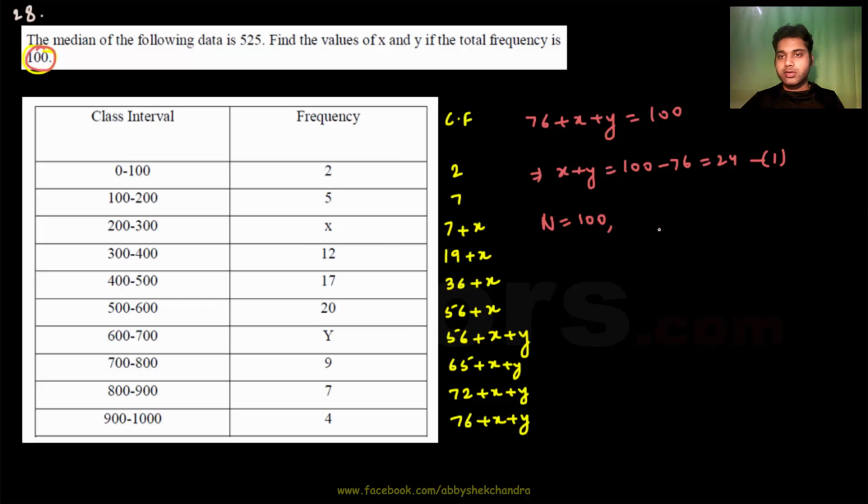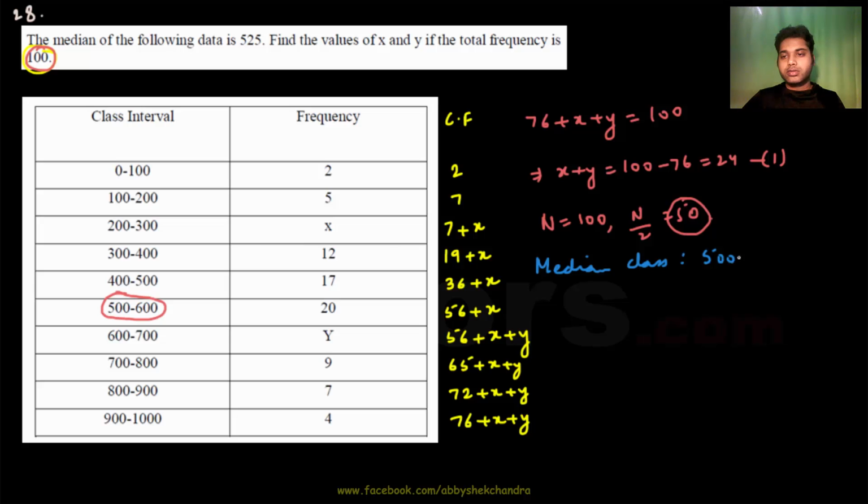Total frequency is 100, so n by 2 will be equal to 50. Now this 50 cumulative frequency falls in this class. So this is the median class. So median class is what? Median class is 500 to 600.